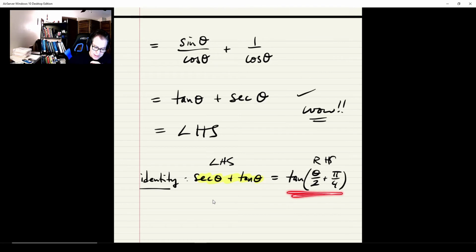So we've just shown that this right-hand side is actually equal to that left-hand side, so we can replace that with this expression.